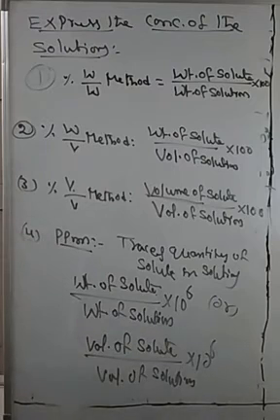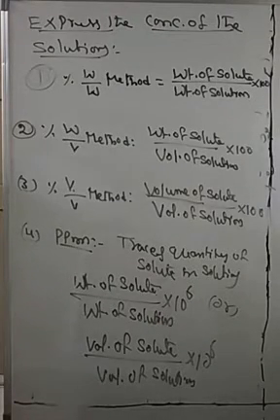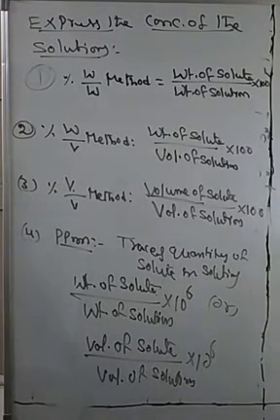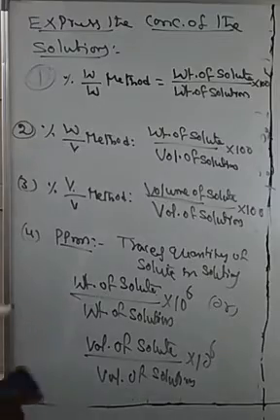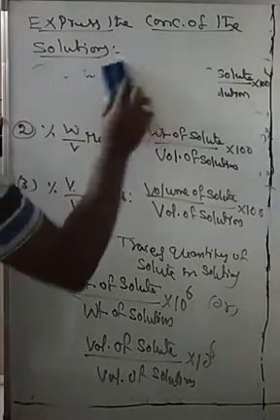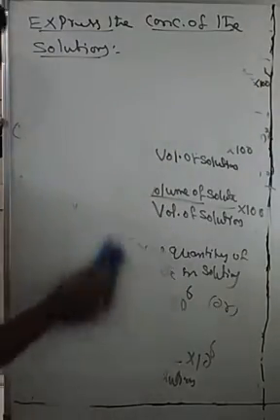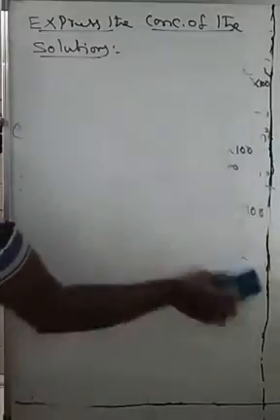Especially ppm method is useful for very small quantity of the solutes present in the solution. So next, using of the methods as well as how to calculate the concentrations.